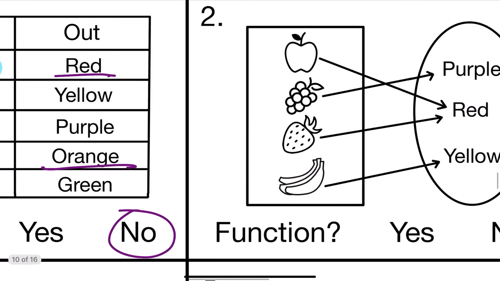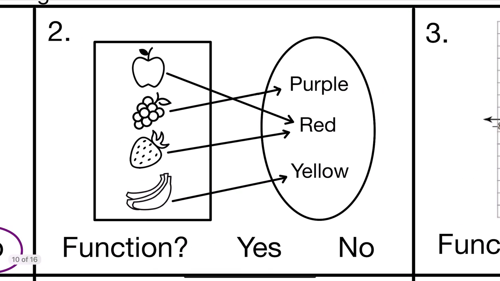Let's look at number 2. This is our map. We got apples going to red, grapes going to purple, strawberries going to red, and bananas going to yellow. So we have 4 different fruits here, and none of them repeat. The colors do, though. Both apples and strawberries go to red.